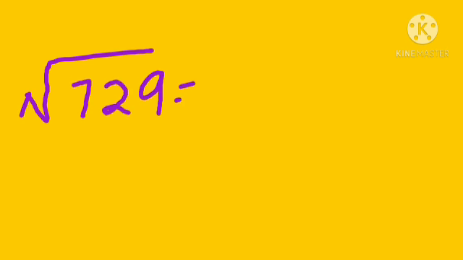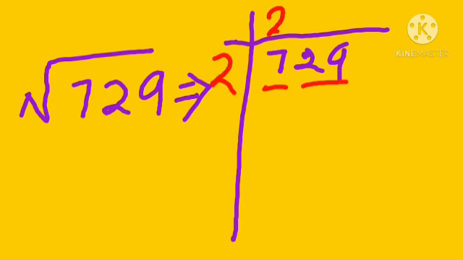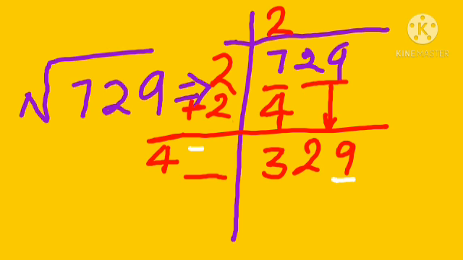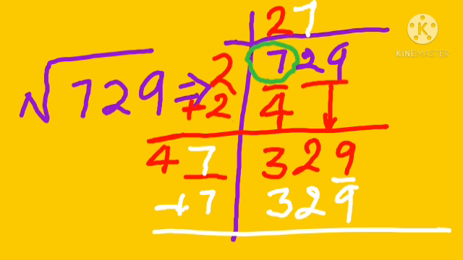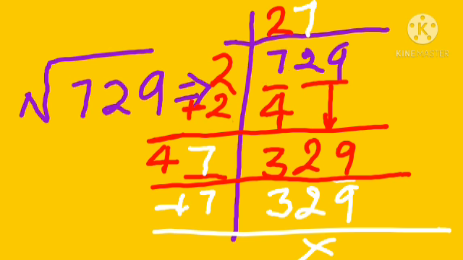Let's take another example. We want to find the square root of 729. First make the column, then make pairs from the right side. Then 7 remains alone. So we take 7 and start to count. 1 1 is 1, 2 2s are 4, 3 3s are 9. That is greater than 7, so we will take 2, 2 2s are 4, and write the same number downside.